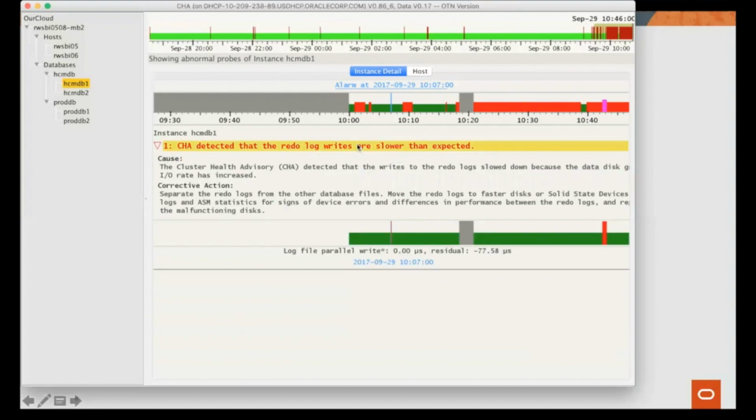Okay, so there's another pink bar way over here. So you're saying these two are correlated, but this red area here is a different problem. Yes, I/O related, but not affecting the redo log writes. I see. So the GUI tries to link up occurrences of the problem by color coordinating them.